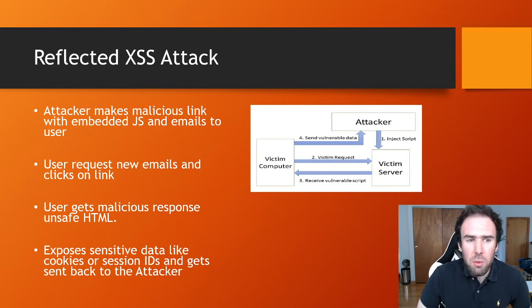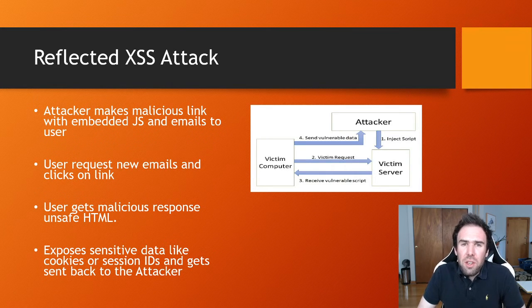So the steps at which this attack is taken: first, the hacker has to make a malicious link that includes some JavaScript that will later get executed that you don't want executed. When it gets sent to your inbox, you get duped, you click on it, it then redirects you to another location.